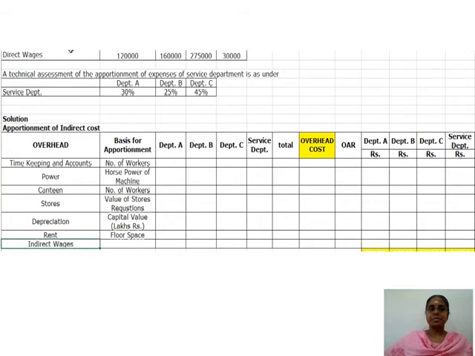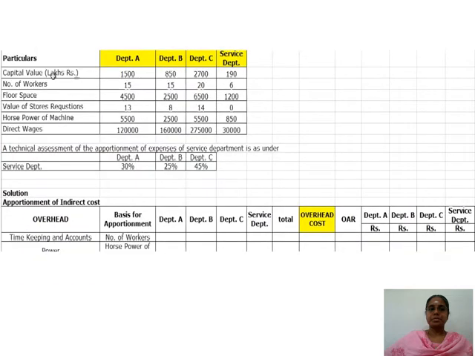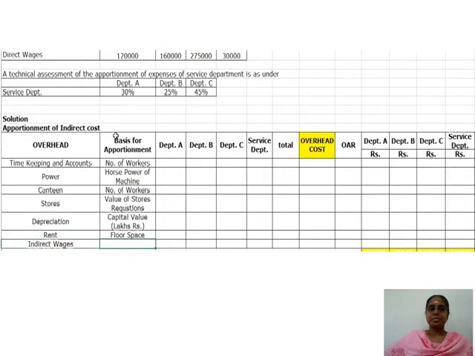For indirect wages, among these, direct wages is a better base compared to the others. So you can use direct wages as the base for indirect wages.